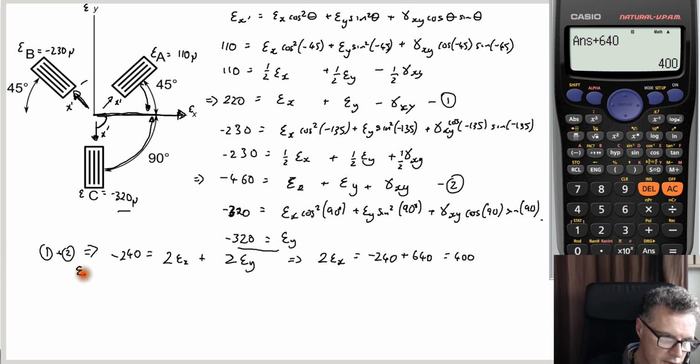So the strain in the x direction will be 200 microstrain. Okay, so we take the 400 divided by 2, gives me 200.